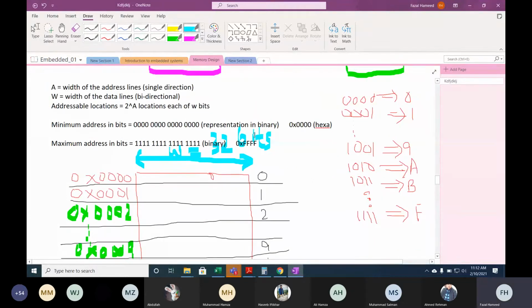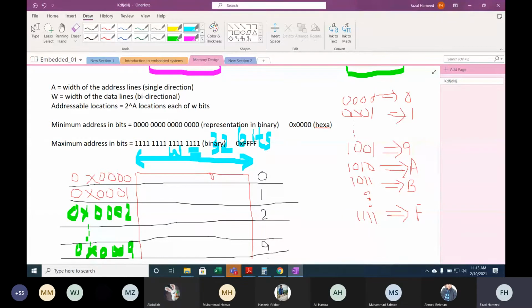When it is storing 32 bits, how many hexadecimal digits are required to store 32 bits? 8. Very good. Because each hexadecimal digit requires 4 bits.